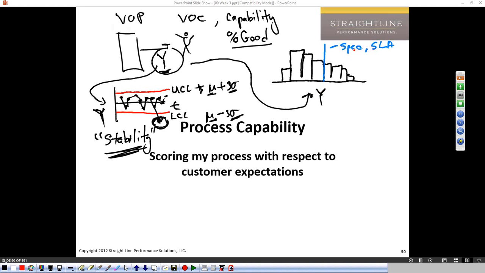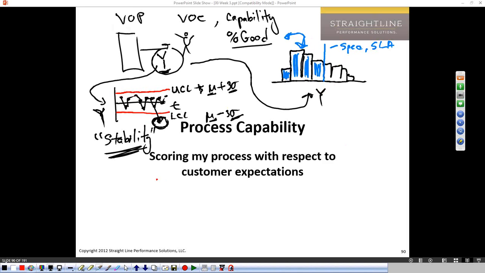Or we want to internally process this in 2 days or 3 days or whatever. This doesn't come from the data. This comes from somebody's opinion of how good it should be. Hopefully that makes sense to everybody. And then the percent good is just all of this stuff right here. It's that simple. That tells me the percent good.